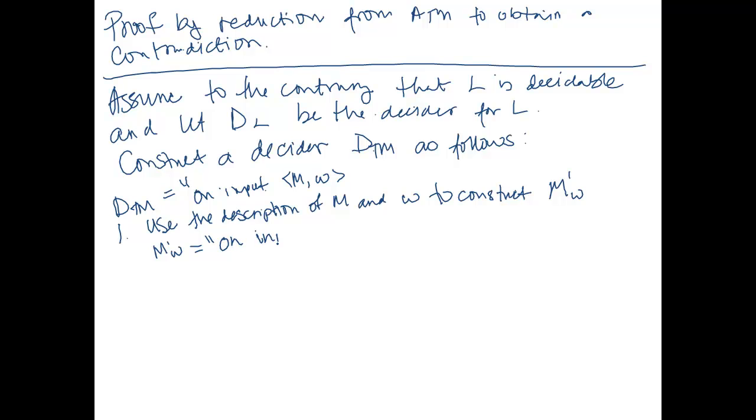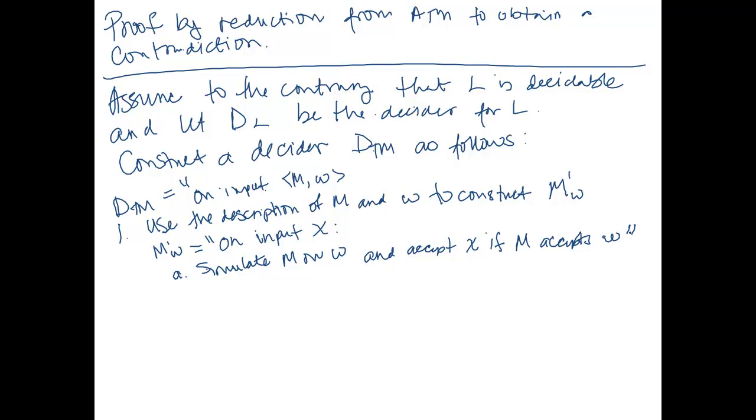On any input X, let's number this A, it's going to simulate M on W. I said M prime W is going to be very specific to M and W because we're going to use the description of M and W to construct M prime W. It's going to simulate M on W and accept X if M accepts W. Okay, so if M accepts W, this new machine would accept every string.